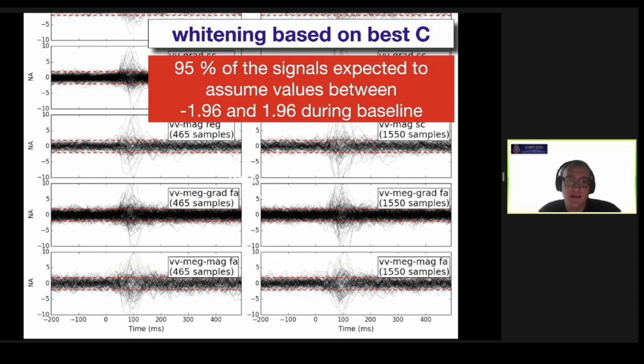So by doing this pre-processing, this scaling, you've made sure that in your EEG data, all the channels have roughly the same noise, and they all lie inside this interval. It's a good way to check that during baseline, your data really matches the statistics of the noise. And then if you deviate from the band between these two red horizontal lines, you start to see signal appearing according to your noise estimate.